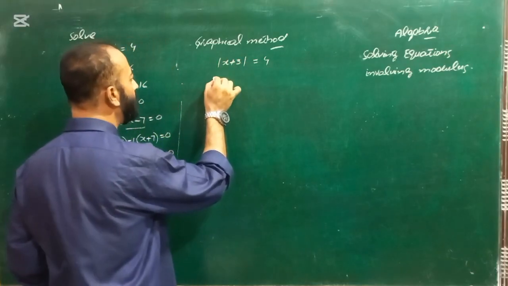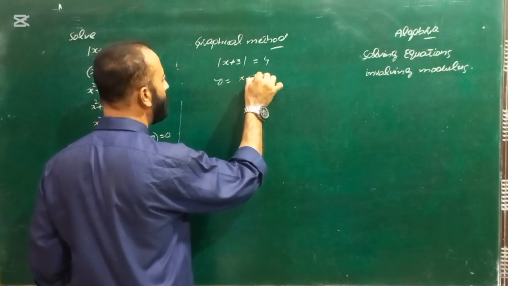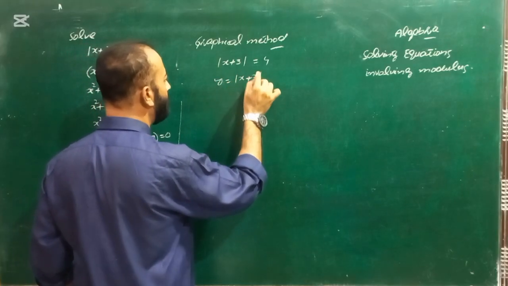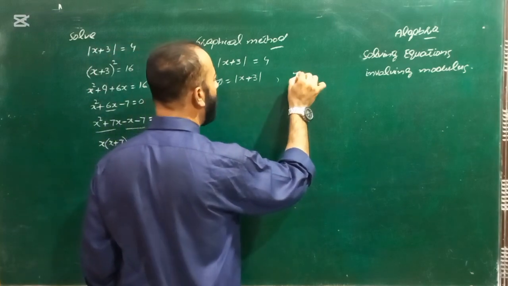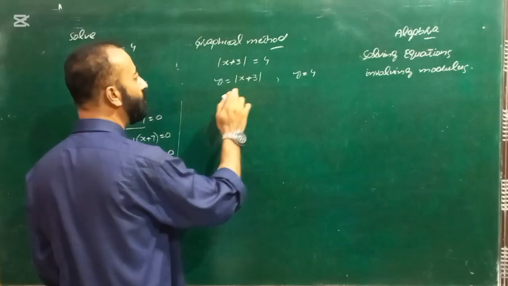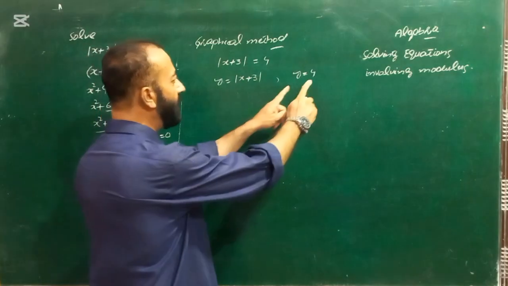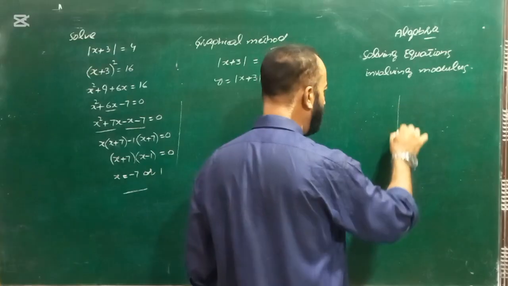So actually we have to solve two equations. One is |x + 3| = y, and the second is y = 4. So we have taken both of these values equal to y. So look now, y = 4 is very simple.